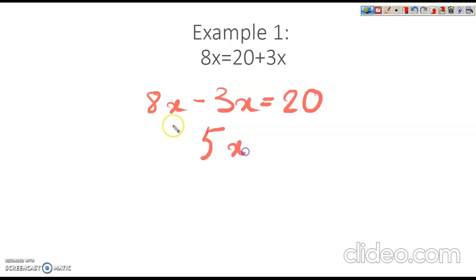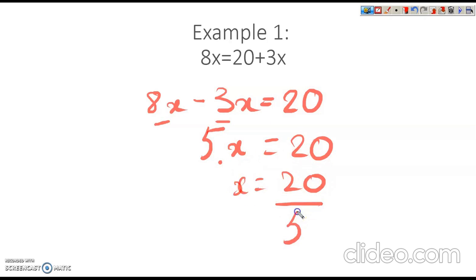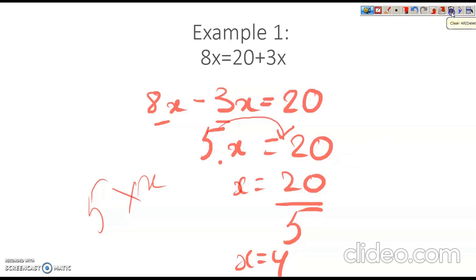So I will get 8 minus 3, which is 5, and 20. So now x will be 20 divided by 5. Here 5 is in multiplication, 5 times x, so when it jumps the equal sign, it will be in division. So x is 4.